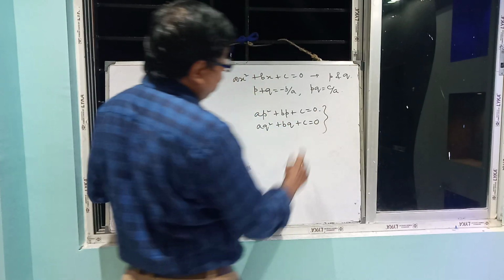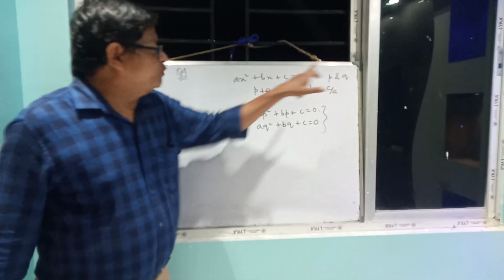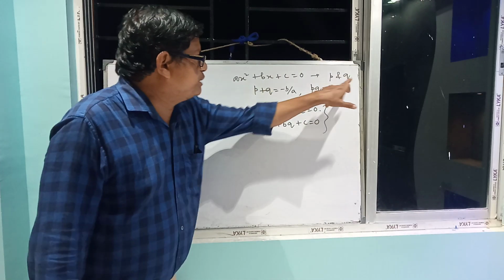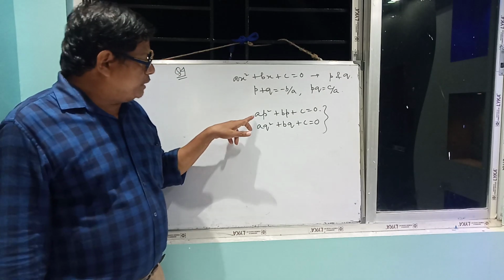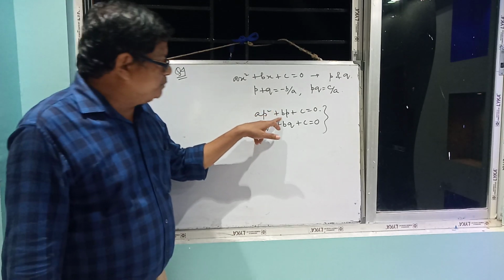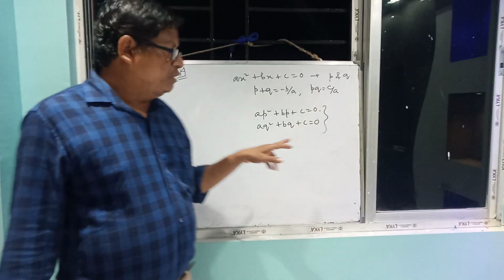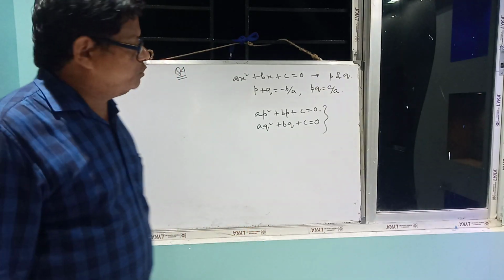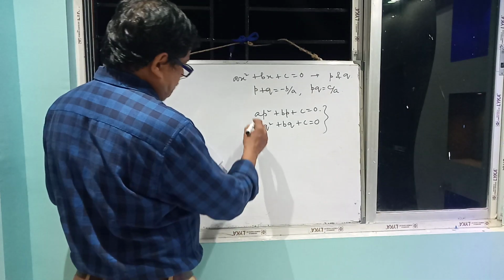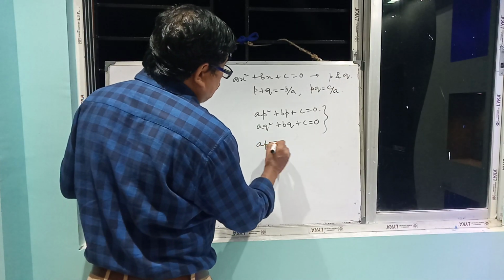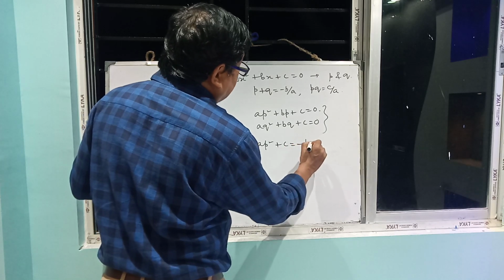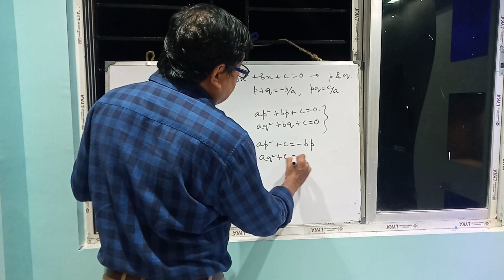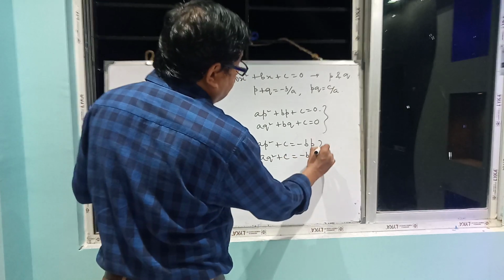P is the root of the equation, so it is satisfied by P, and this is also satisfied by Q. So you can write AP square plus c equal to minus BP and AQ square plus c equal to minus BQ.